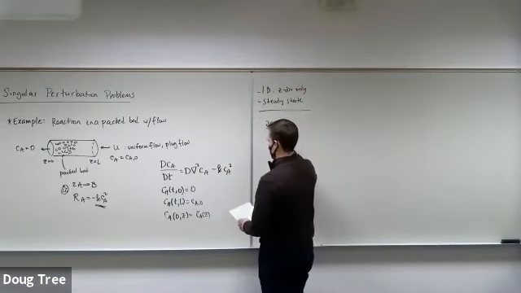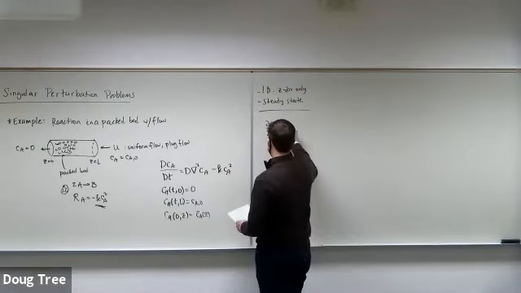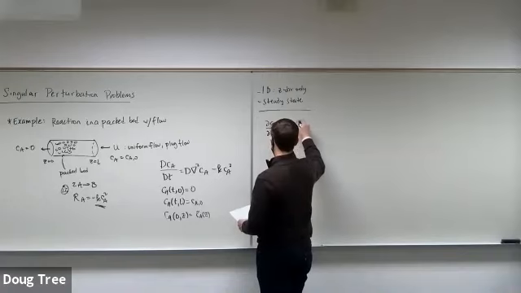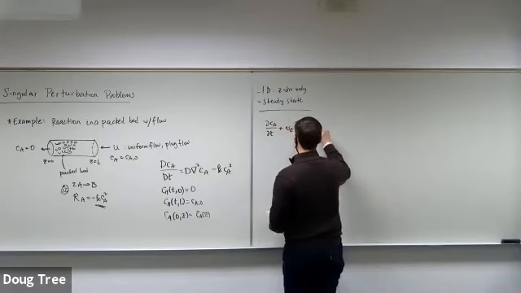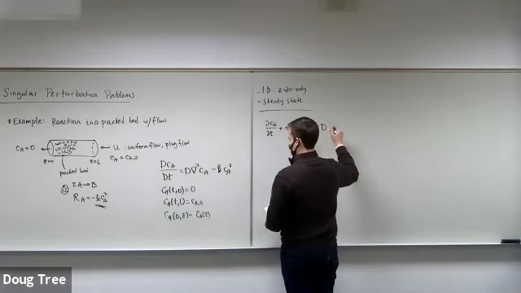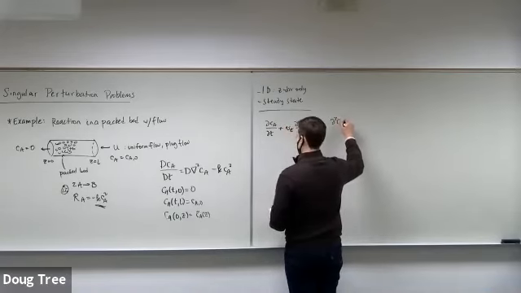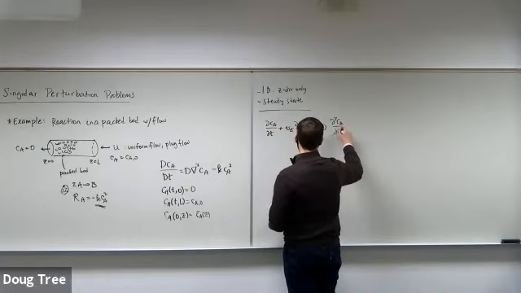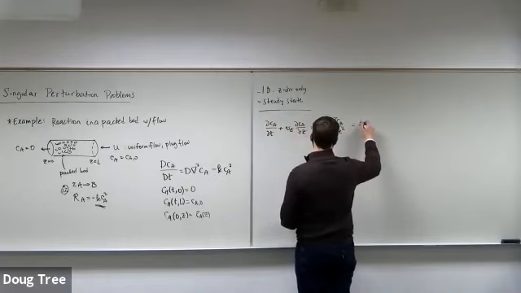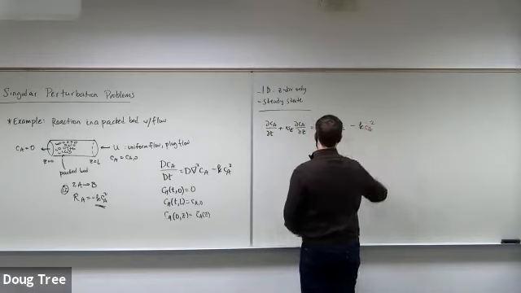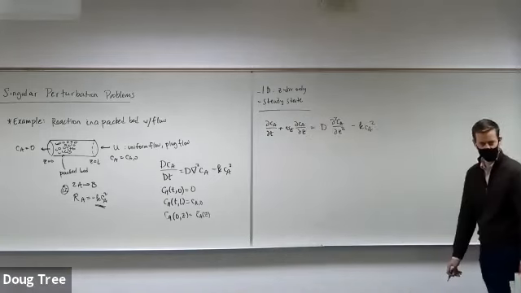So let me do 1D first. dC_A/dt plus v_z dC_A/dz is equal to the diffusion coefficient times the second derivative of C_A with respect to z, minus k C_A squared. Okay, so that's one dimension.